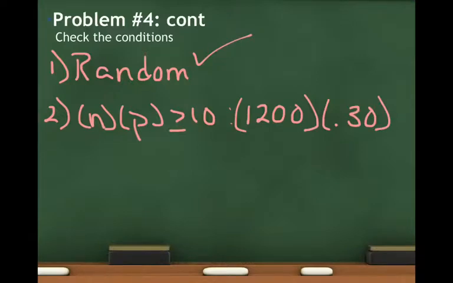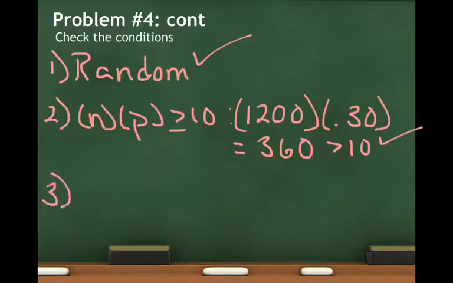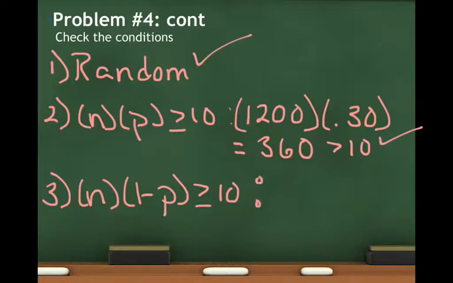Find that value, and you should get 360, and that's definitely greater than 10, so that checks out. Our last condition is we're going to take our sample size times 1 minus the population proportion, and that needs to be greater than or equal to 10 as well.